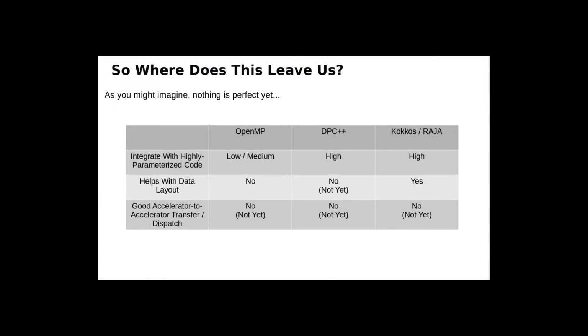We saw that data layout is an important aspect of creating high-performance applications. Kokkos and Raja provide this kind of support, and I expect we might see this kind of support in DPC++ and SYCL in the future.